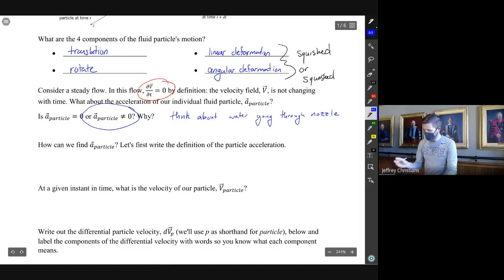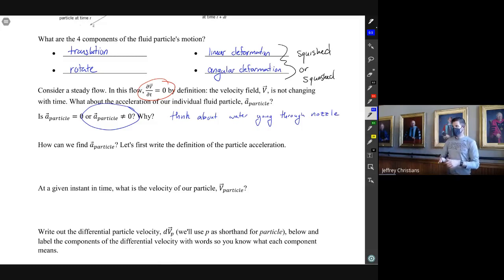Think about water going through a nozzle, right? The whole system might not be changing, but certainly the water going through that nozzle is going to be accelerating and it gets shot out the end.